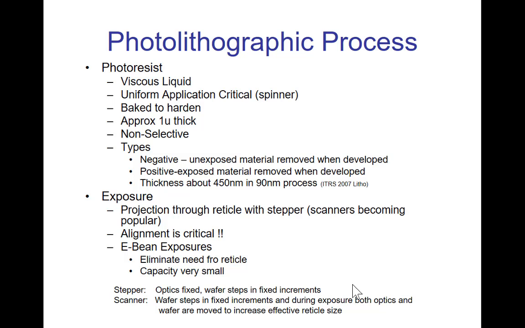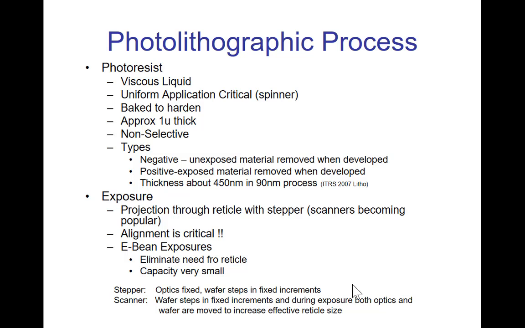You have a spinner with a frisbee on it, it's spinning, and you drop some color ink on it, and it spreads out over the whole frisbee. When you apply the photoresist, this is what you do. You have the wafer there, you spin it, and you drop some photoresist liquid on it, and it spreads out all over the wafer at a certain desired thickness.